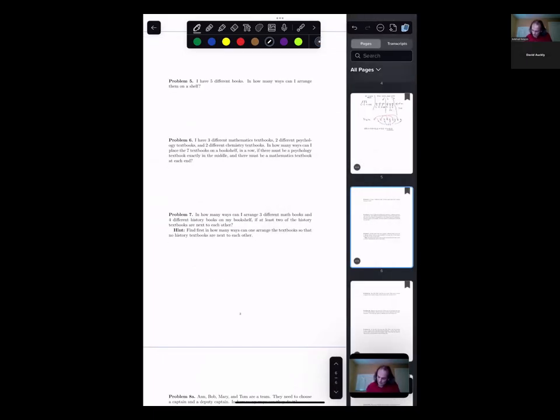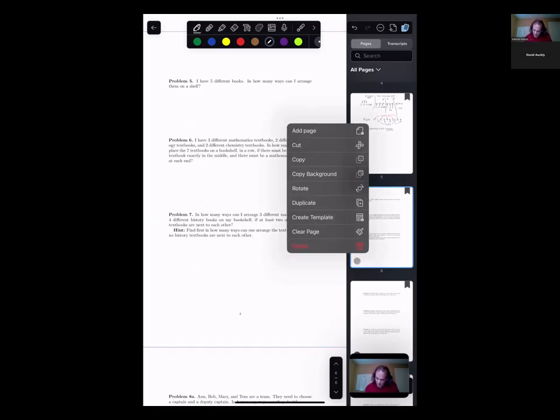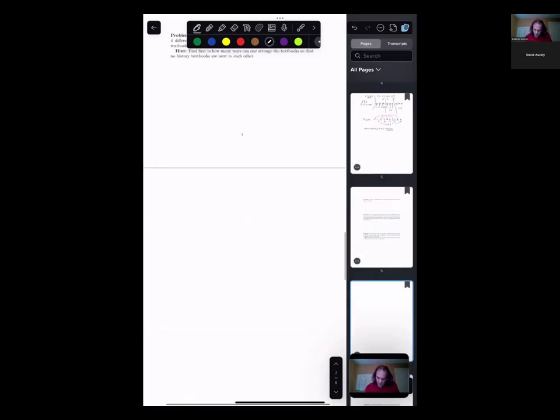Let's say I have 5 books, of different colors so that we can keep track, and we want to arrange them.